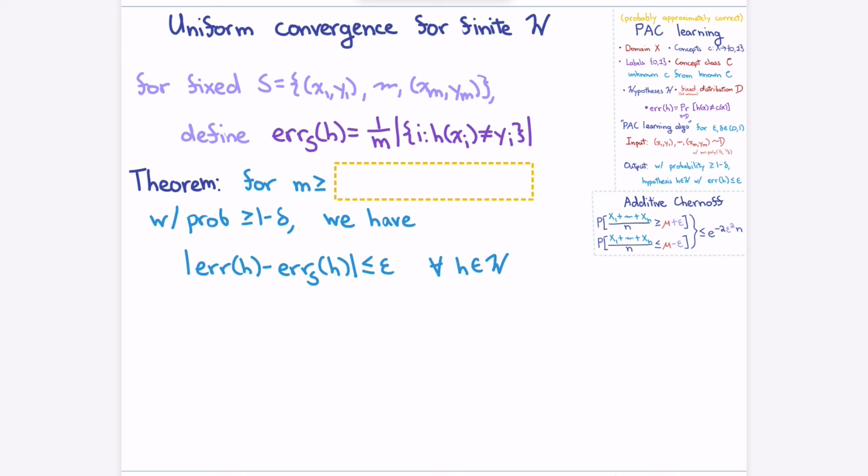So anyone want to guess what this should be? So this is a little bit different, right? How many samples do you need for a finite hypothesis class to guarantee that for all hypotheses, your empirical error will be within an epsilon additive of the true error?